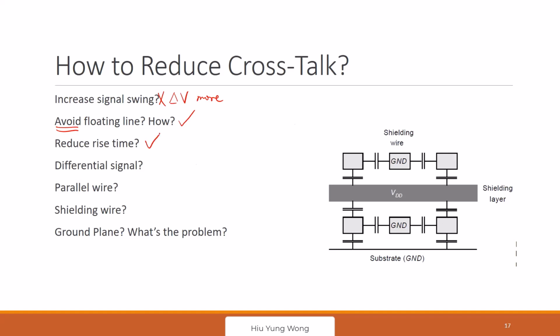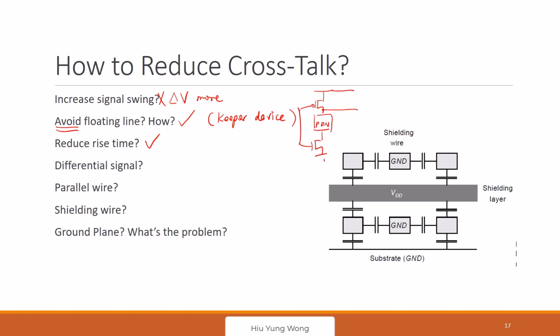Okay, and by the way, for this one you can use the keeper device. I forgot to say that. Do you remember the keeper device in the domino logic? In the dynamic logic, the pull-down network, right?